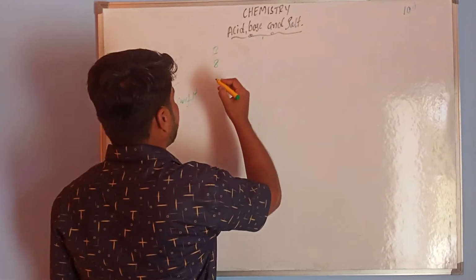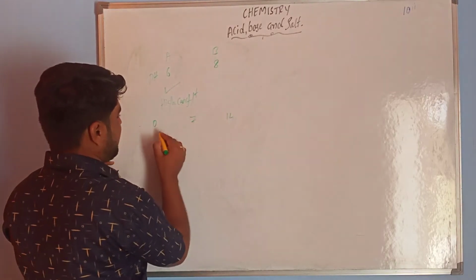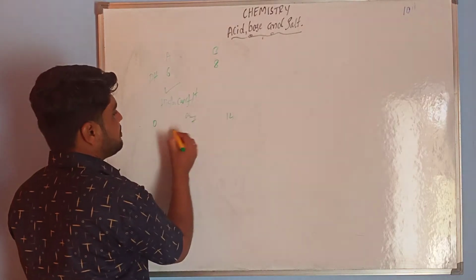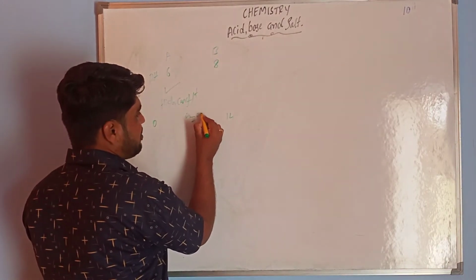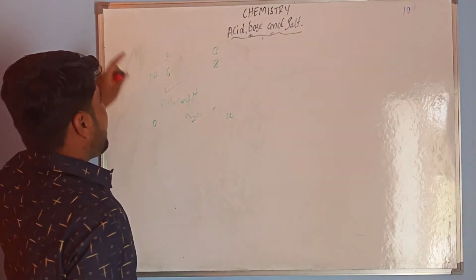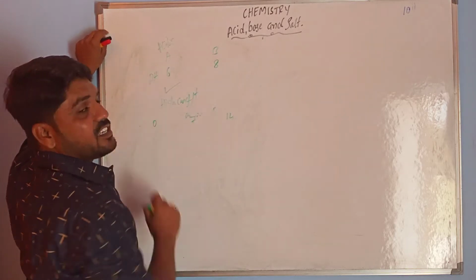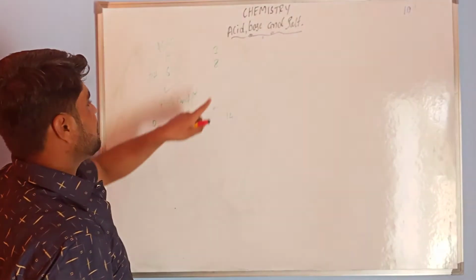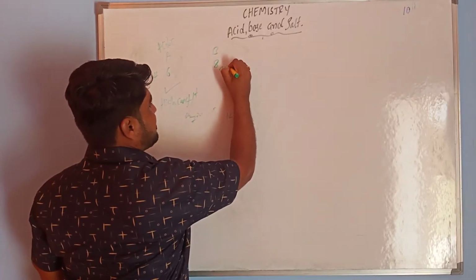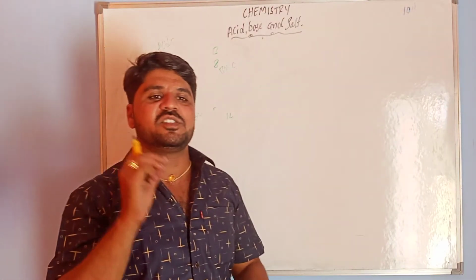I already told you about the pH scale from 0 to 14: from 0 to 6.9 is acidic and 7.1 to 14 is basic. So A is acidic in nature, and B, being 8, is basic in nature. This is all about the first question.